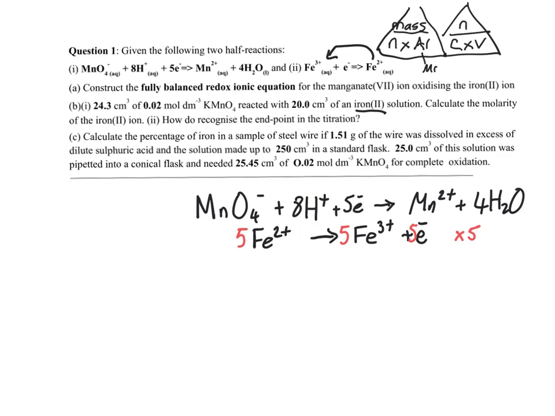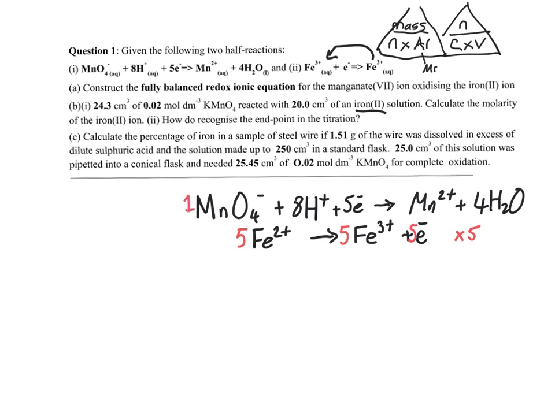So we've written Fe2+ because it's reacting with the iron 2 going to form iron 3. I've multiplied it by 5 because you can see that the oxidizing agent requires 5 electrons. 1 mole of the reducing agent, the Fe2+, only gives 1 electron, so we multiply it by 5. So the ratio of the oxidizing agent to the reducing agent is 1 manganate to every 5 Fe2+ ions.